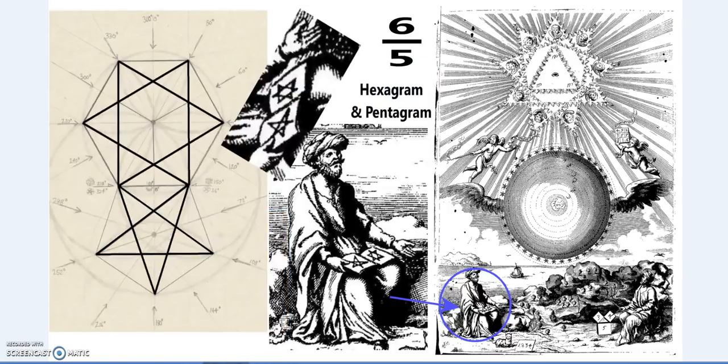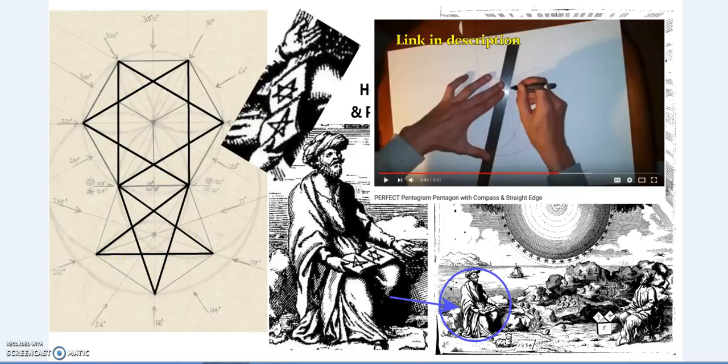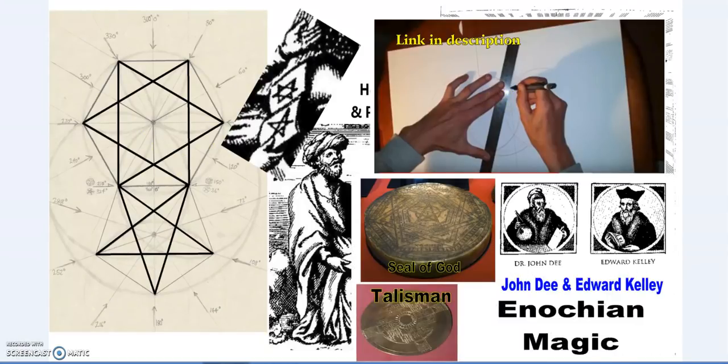And so the 6 over 5, that's the construction if you were to do the Albrecht Dürer method. Now I'll put the link in the description, because I'll show you how to do a perfect pentagram with compass and straight edge. That link will be in the description. And the basis of that design is the Vesica, which gives us the hexagon as well. So it all nicely joins in.